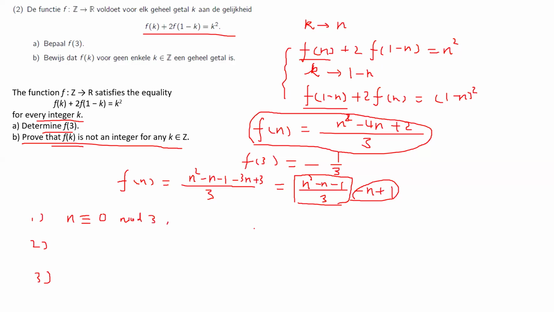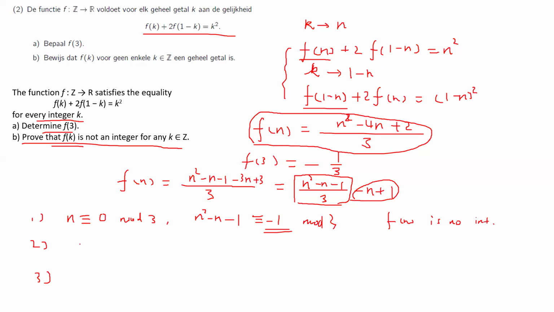In this case, n squared minus n minus 1 is congruent to minus 1 modulo 3, which is not divisible by 3. So f(n) is not an integer.